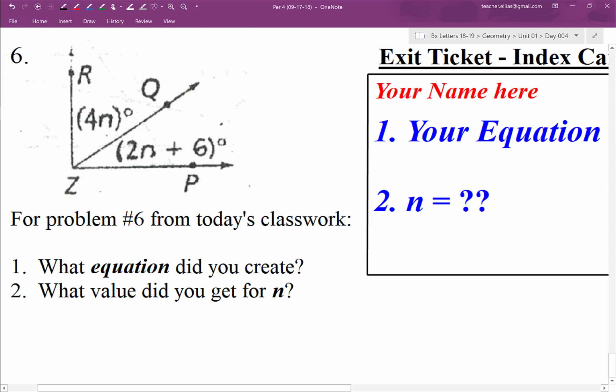We want to know, what was your equation, and what did you get for n? All I want on your exit ticket is the equation you had and your value for n. I don't need to see how you solved it.